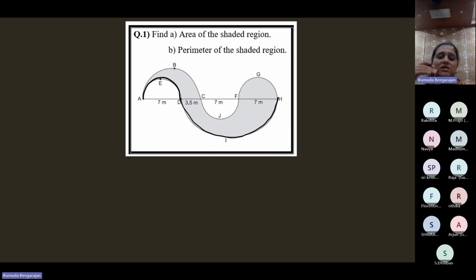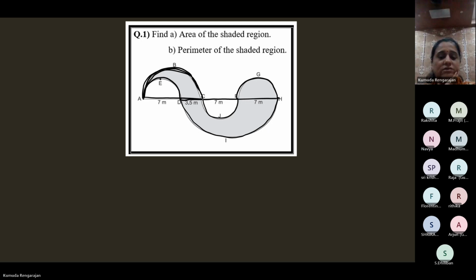Because what is attached to the semicircle is the diameter. Diameter by 2. 7 plus 7, 14. 14 plus 3.5, 17.5 by 2. Okay, so then what is the radius of this semicircle? 3.5 or 7 by 2. This semicircle, same thing, 7 by 2. And what about the radius of this semicircle? 10.5 by 2. This is the diameter, 10.5 by 2.